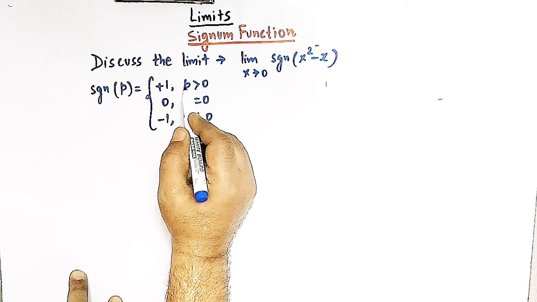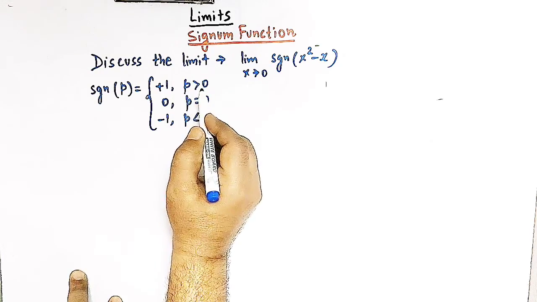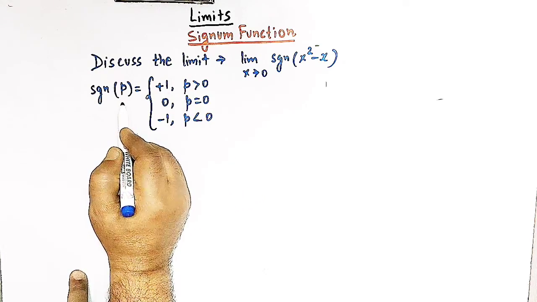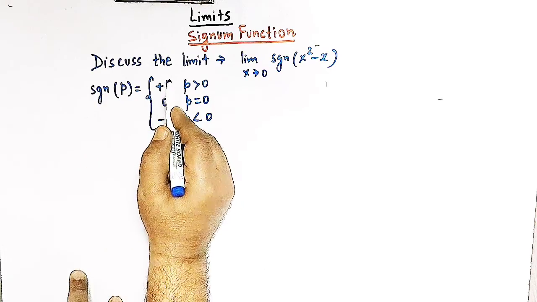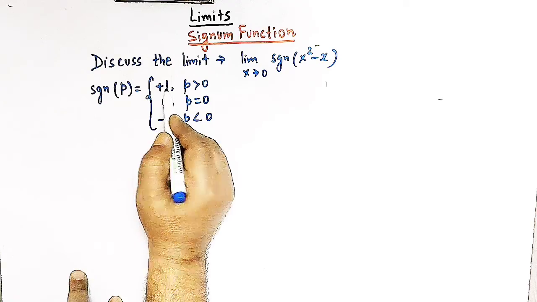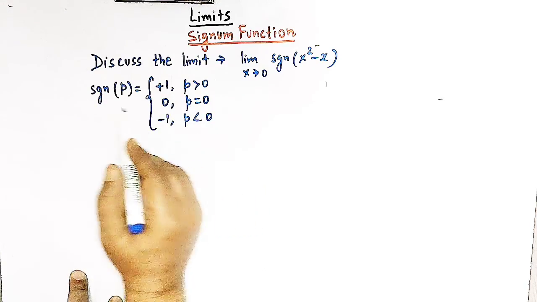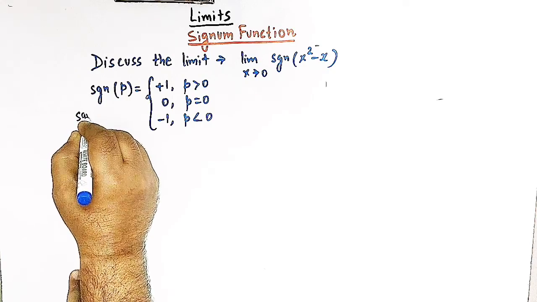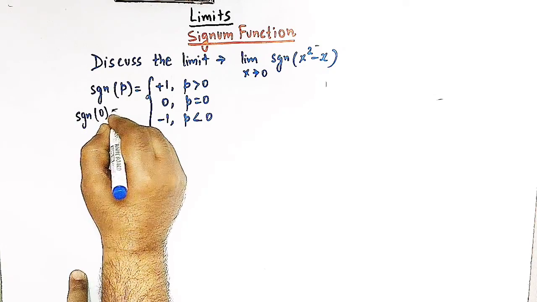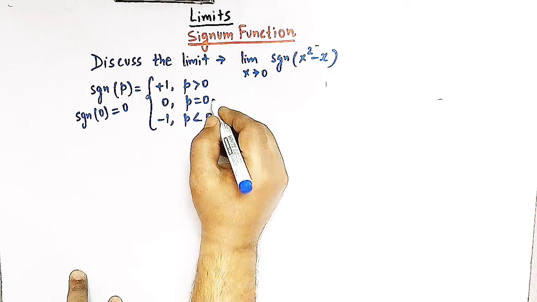So when the input is positive, signum of p has the value plus 1. And when p is equal to 0, then signum of p is 0. It implies that signum of 0 is equal to 0.